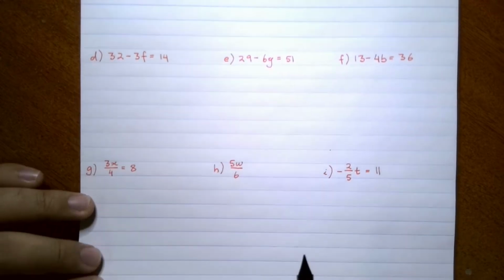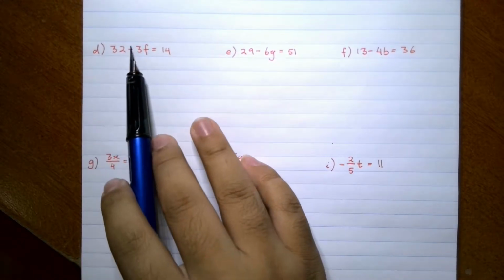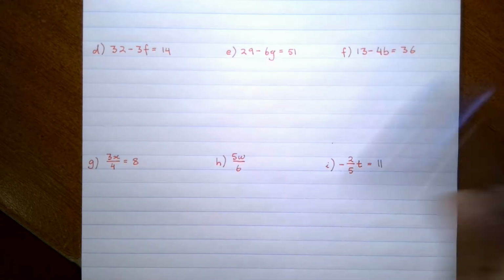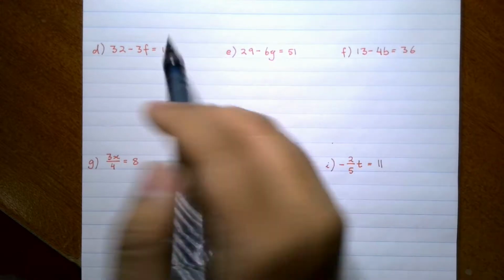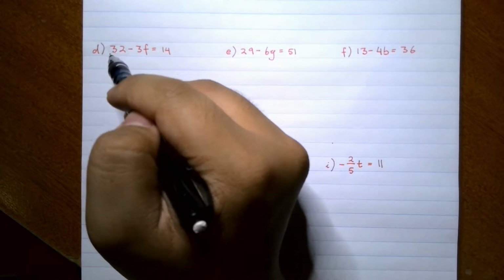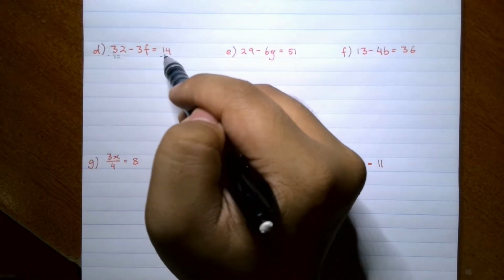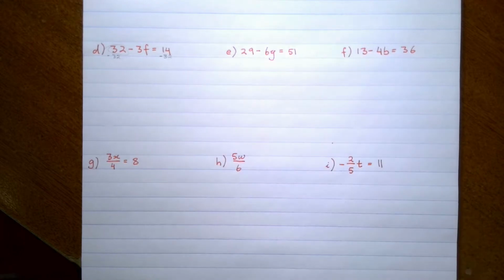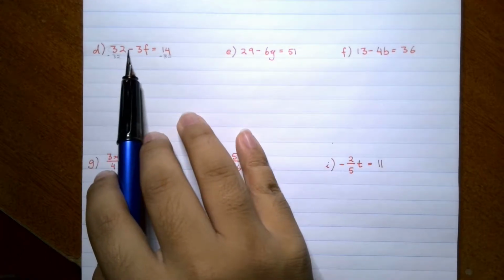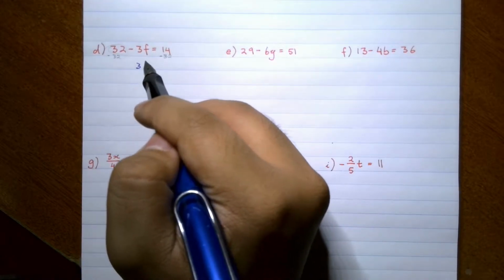Moving right along. In these cases, we have a minus of a pronumeral. But this shouldn't stop us. We have positive 32 first, so we need to subtract 32 from both sides. This will leave us, be careful now, because this minus 3f doesn't suddenly become positive 3f.